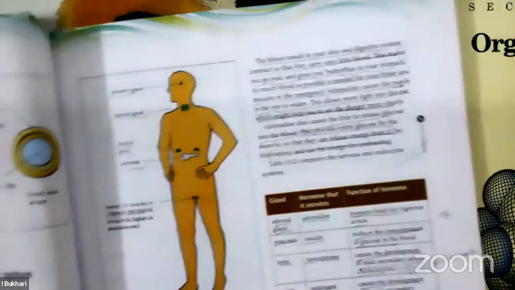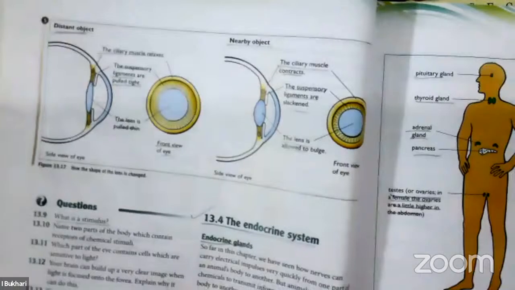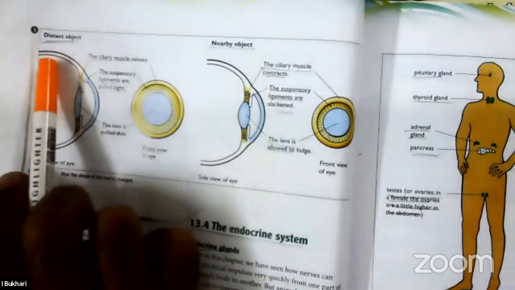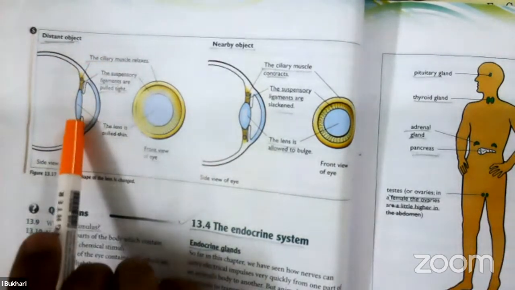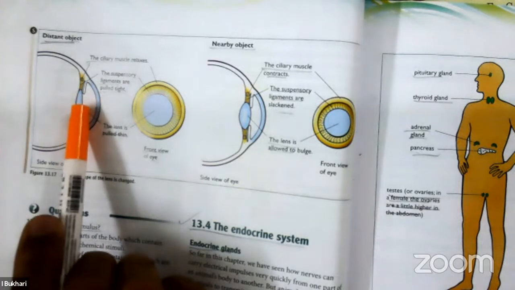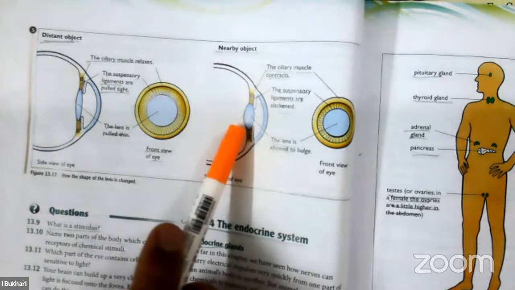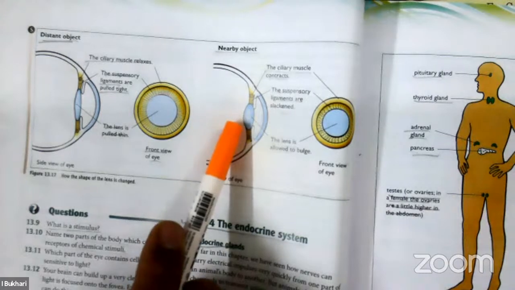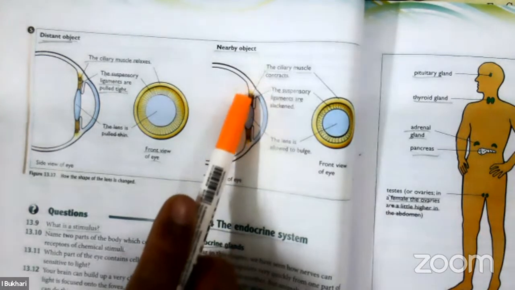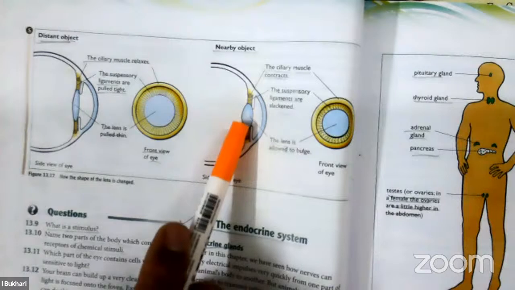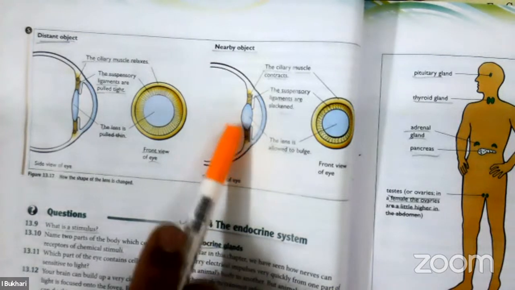Okay, so I think I have coordinated this here, if you remember, with this figure. You could see here, this is the distant object. You could see here the lens is really thin. Now for the near object, the lens is really thick, and also the ciliary muscles will contract, and that's causing the lens to bulge.